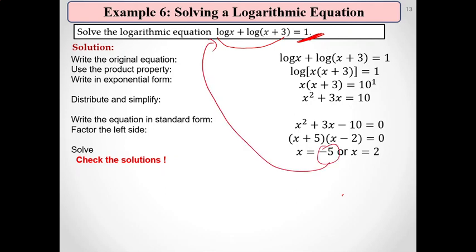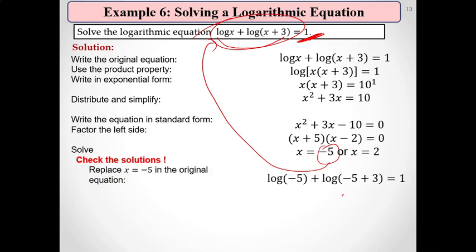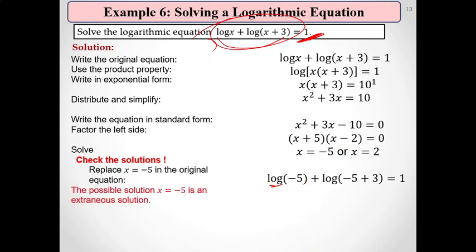Put them in the original equation. Log of minus 5. Is it acceptable? No. Here, this is negative inside the logarithm, and this is undefined. So if it is undefined, this equality doesn't count as true.